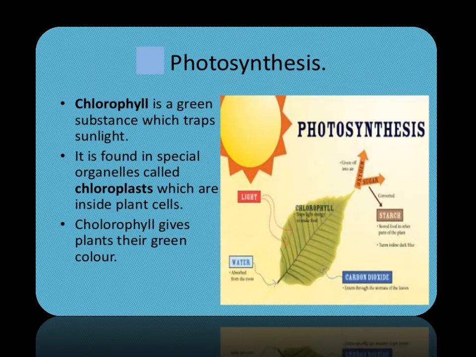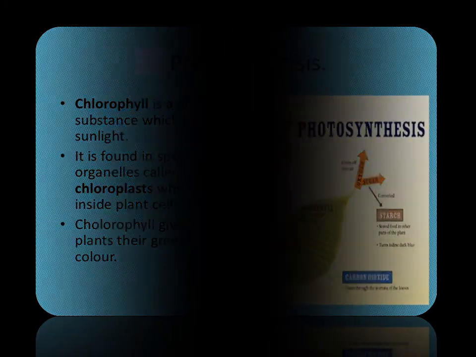Now the leaf has some cells in which there are chloroplasts. Chloroplast is an organelle in which chlorophyll is present. Chlorophyll gives plants their green color. So you can see here the photosynthesis process.